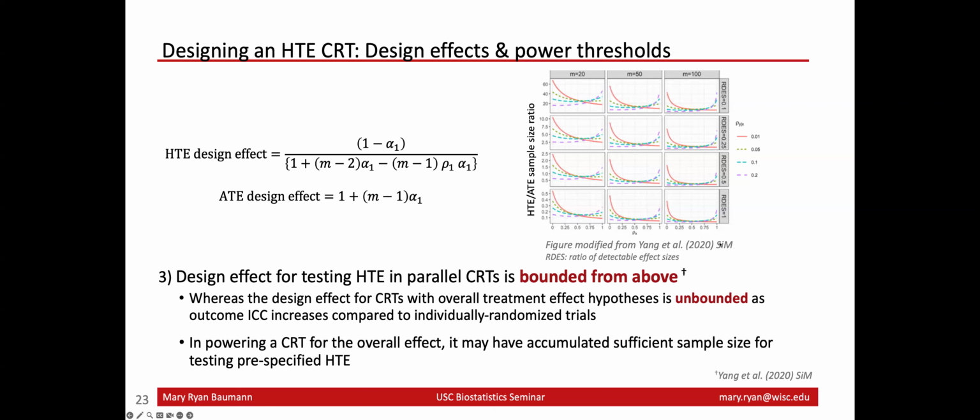Now, whether you're looking at an HTE that is of the same magnitude as the overall treatment effect is another matter, but it could be that you're not needing to do quite as much as you previously thought, which is in contrast to what we see a lot of times in individually randomized trials, where testing for a heterogeneous treatment effect usually does mean that you're going to have to boost your sample size quite a lot to be able to get there.